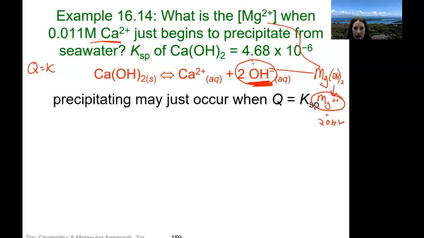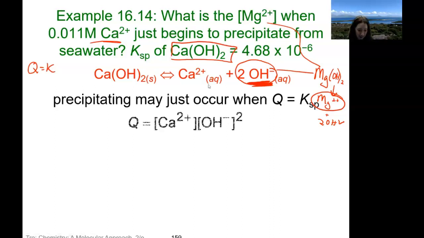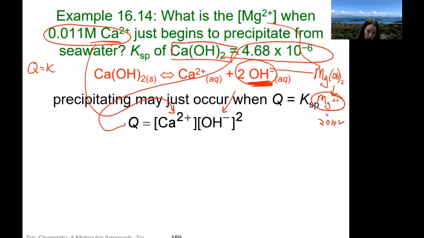So Q equals K. How do we know which one we're using? Because this is the constant they gave us. So we write our equilibrium expression just like we did before. Now we're going to solve for OH. We have Ca, and we have our Q, because remember, Q equals K. Q is K in this case because it's beginning to precipitate.